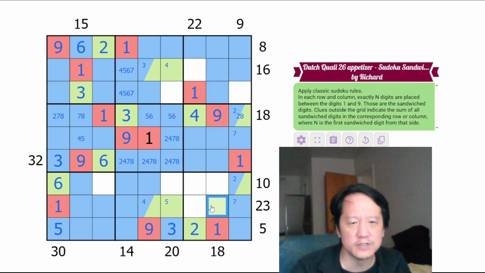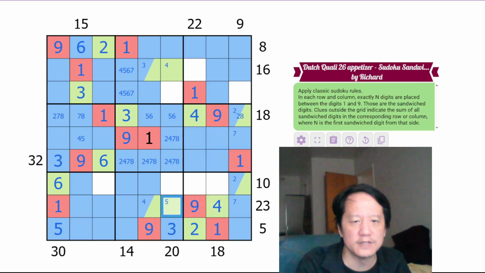So one of these is 9, which means this can't be 9 because of 9 in the column. So this must be 9 here. And this is 4 here as an end sum. This is 5 here as an end sum. Okay, so 5 eliminates 5 here, so that's 6 and 5.